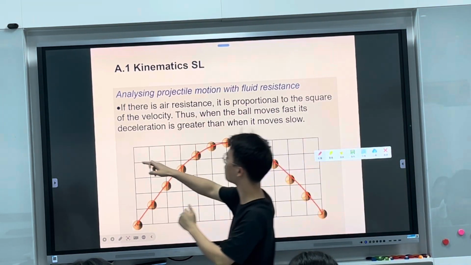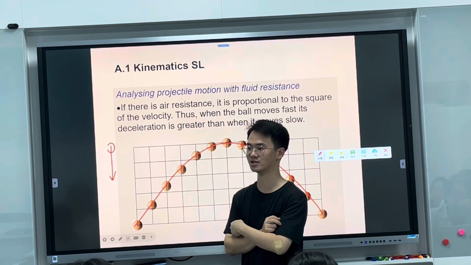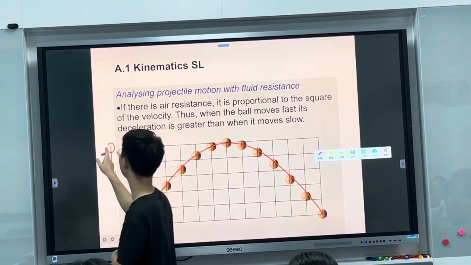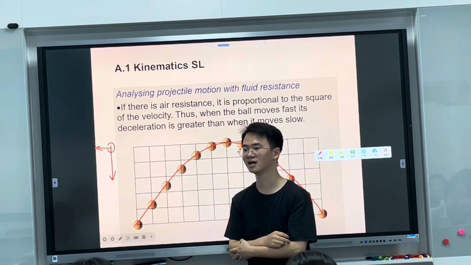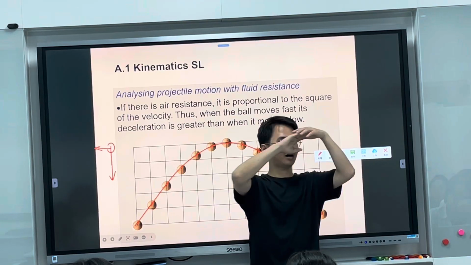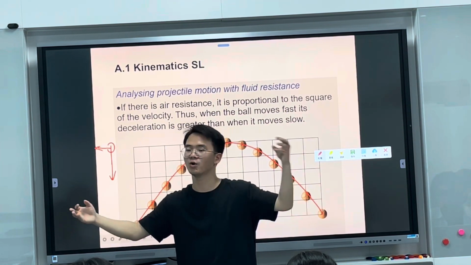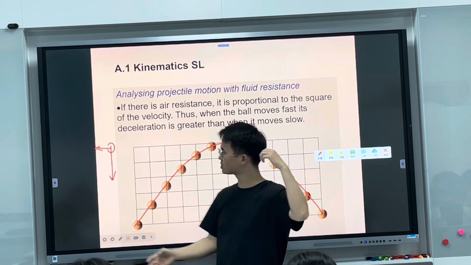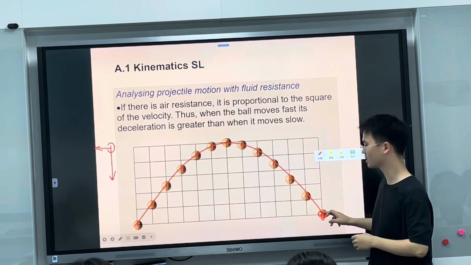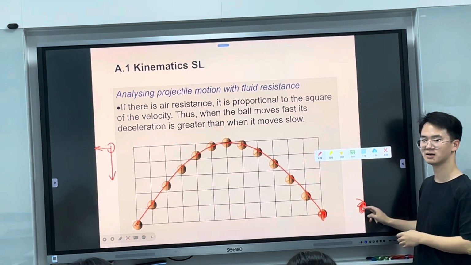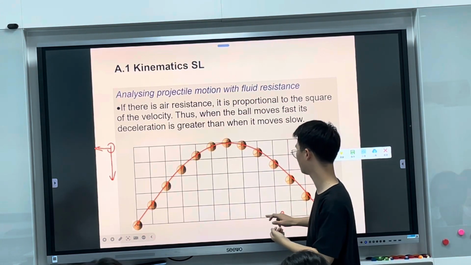In the y direction, acceleration is going to be this way. What about the x direction? It's going to be in the opposite direction of the motion, right? Which means in the horizontal direction, it's no longer uniform linear motion. It will gradually slow down, right? So would it still be able to reach this far? Can it be here? Not even possible because it's been slowing down. So it has to be somewhere here, right?